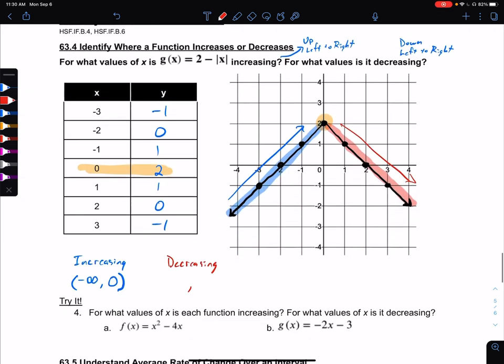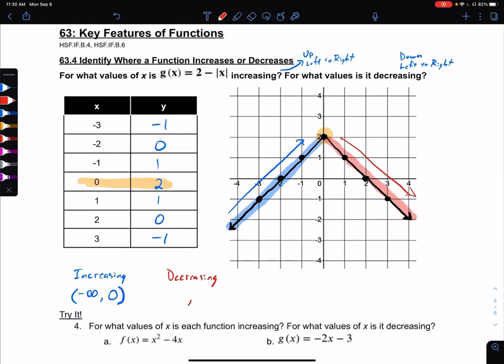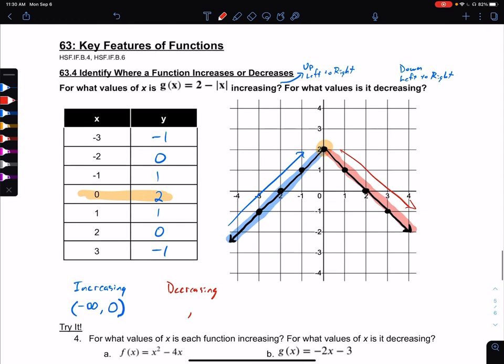It's the x value of 0. Remember, it changes direction, so we use a parenthesis. And then this is going to keep going. My x values continue forever to the right, so that is positive infinity, which will always have a parenthesis. My solution is increasing from negative infinity to 0, and decreasing from 0 to infinity.